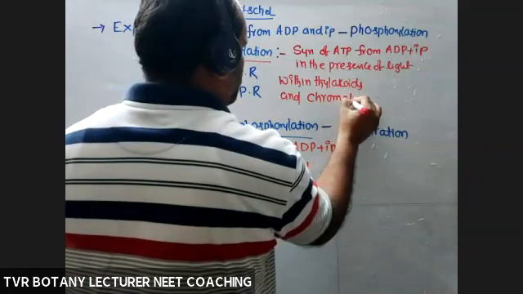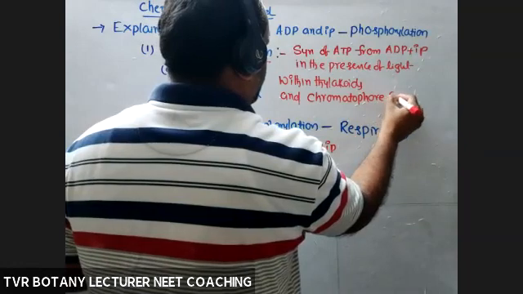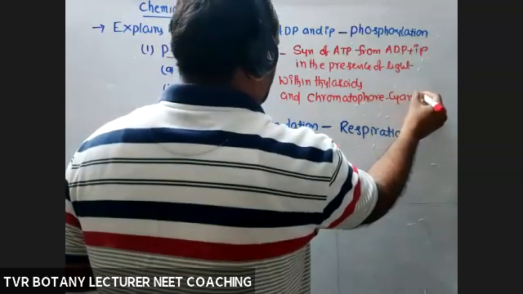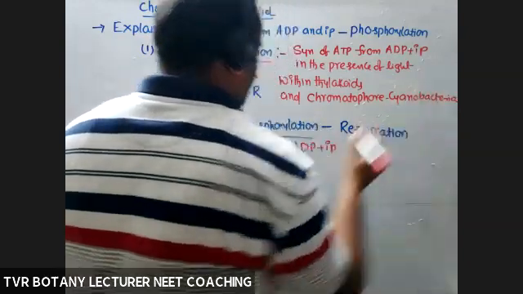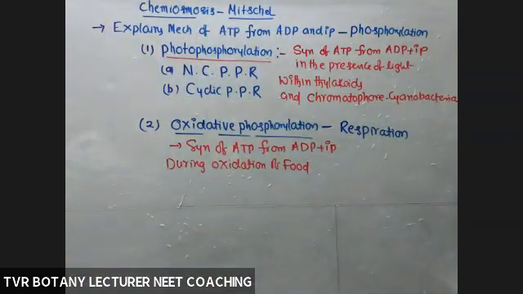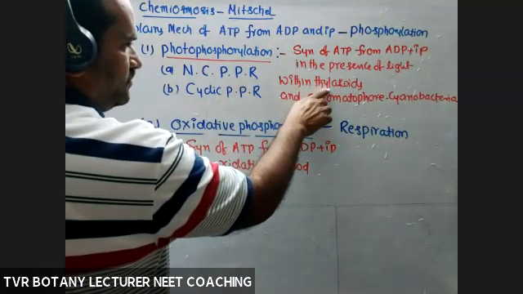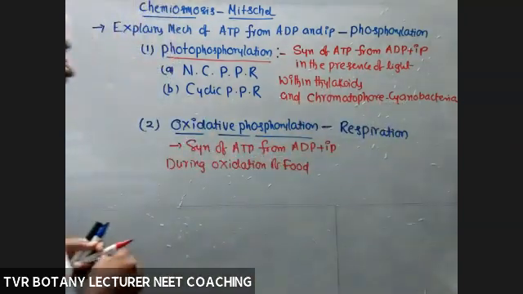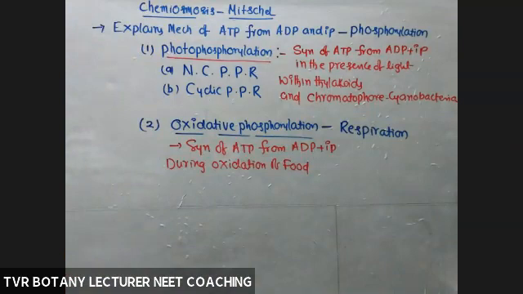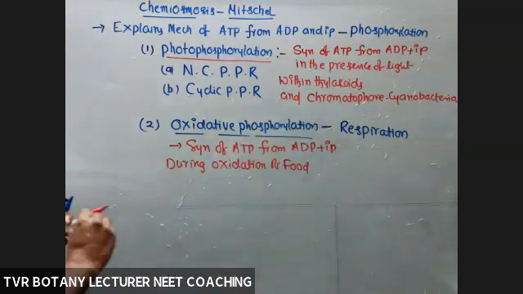Go back to first year, chromatophores in the case of cyanobacteria, and some bacteria also, but that was not given. So within the thylakoids of eukaryotes, chloroplast, chromatophores are present in cyanobacteria. Right?